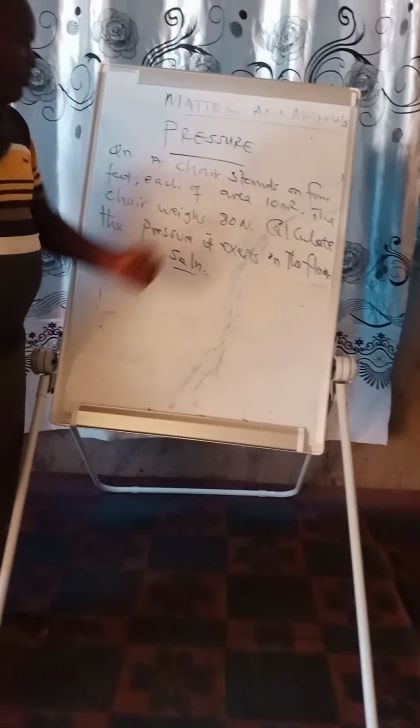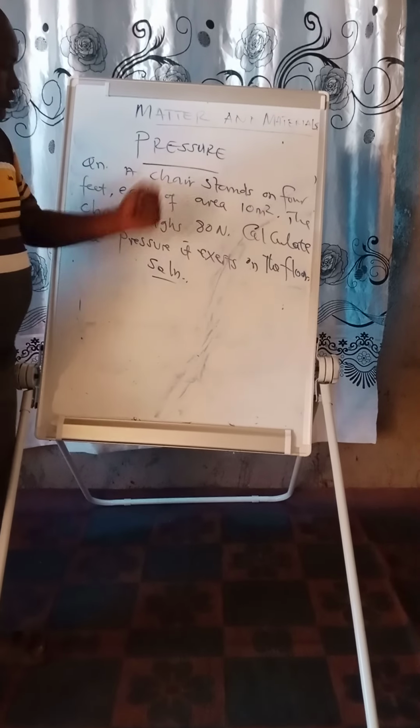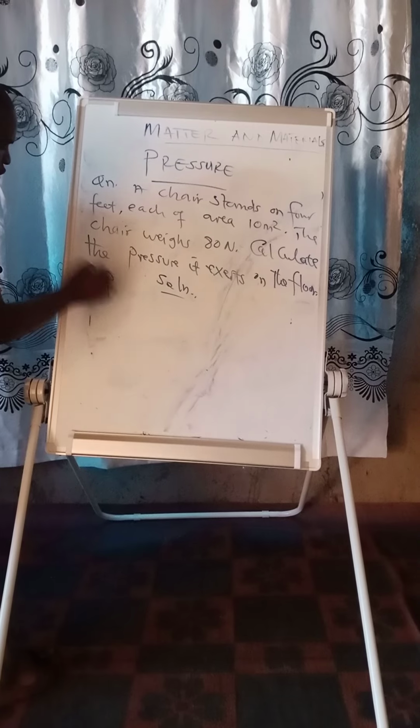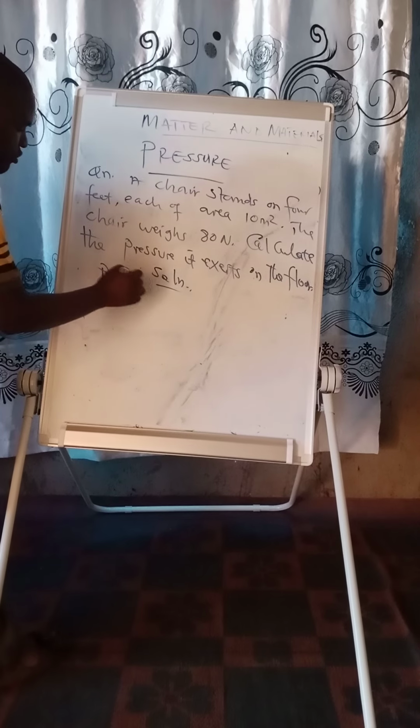A question here. A chair stands on 4 feet, each of area 10 meters square. The chair weighs 80 Newton. Calculate the pressure it exerts on the floor. First of all, pressure is given by normal force per area.